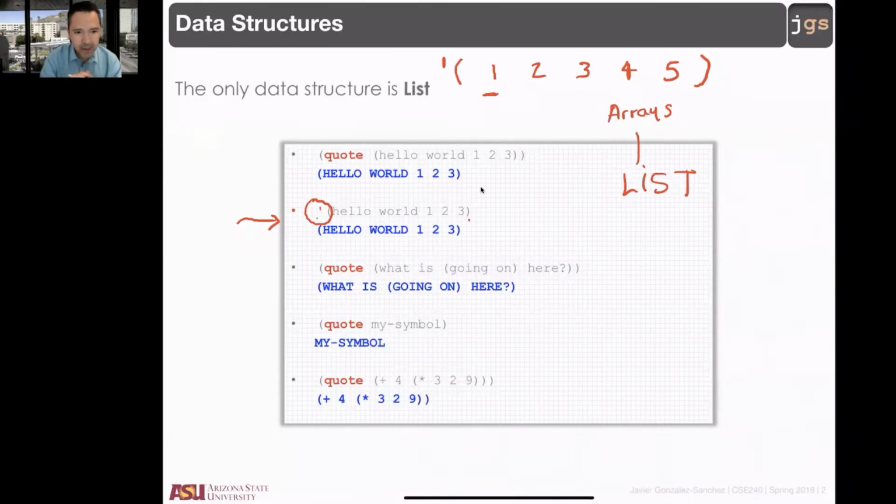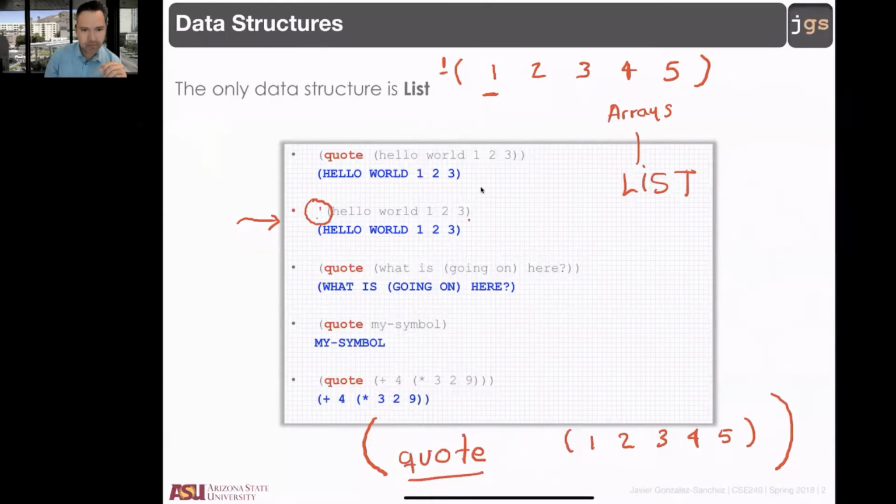Second option: instead of the apostrophe, you can put your data, enclose your data in parentheses, and use quote as the name of a function. So option number one, the apostrophe outside of the parentheses, done.